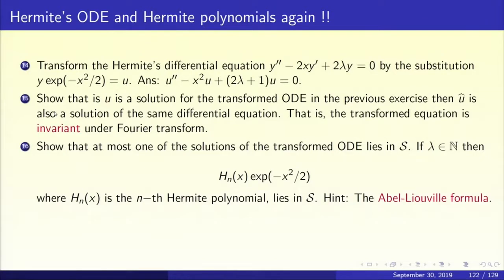So the Wronskian is going to be a constant. The Wronskian of any two solutions is constant. And recall that two solutions of a second order ODE are linearly independent if and only if the Wronskian is non-zero, but the Wronskian is constant.